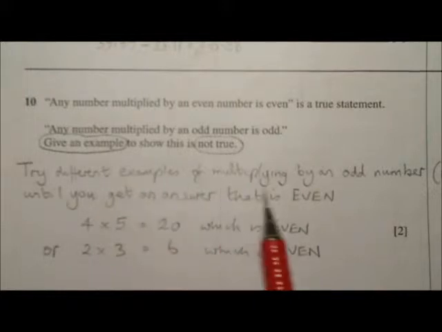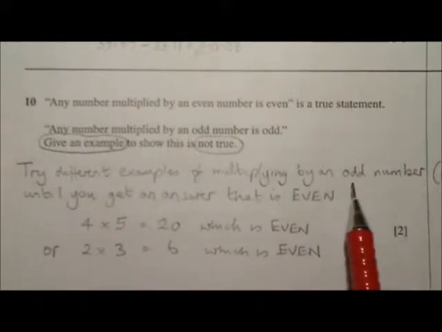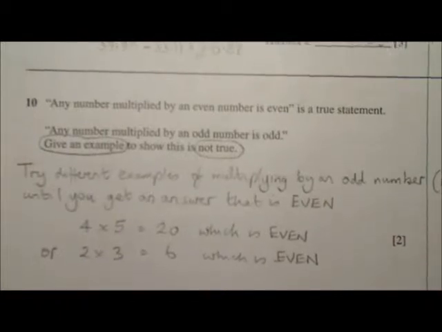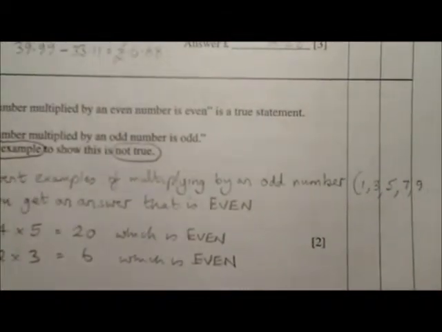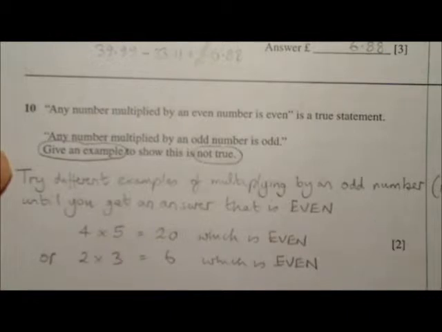So we're going to try different examples of multiplying a number by any odd number. So remember, the odd numbers are 1, 3, 5, 7, 9. Those are the odd numbers, which I'm sure you know already. So we're going to try multiplying numbers by any odd number to see if we can find an answer that's even.